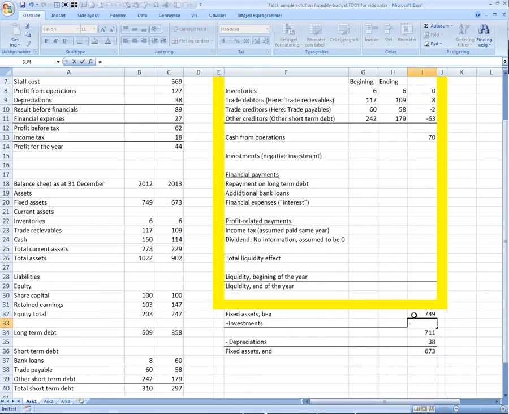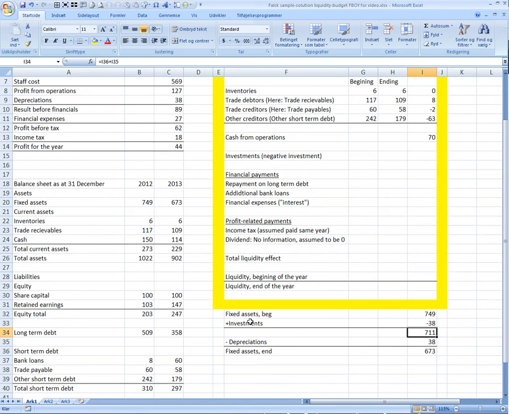So this is investments, depreciations, actually 38. Yes. I would have to take this one minus that one, wouldn't I? So minus 38, yes. It's just coincidence, it's 38, the same number two times here.